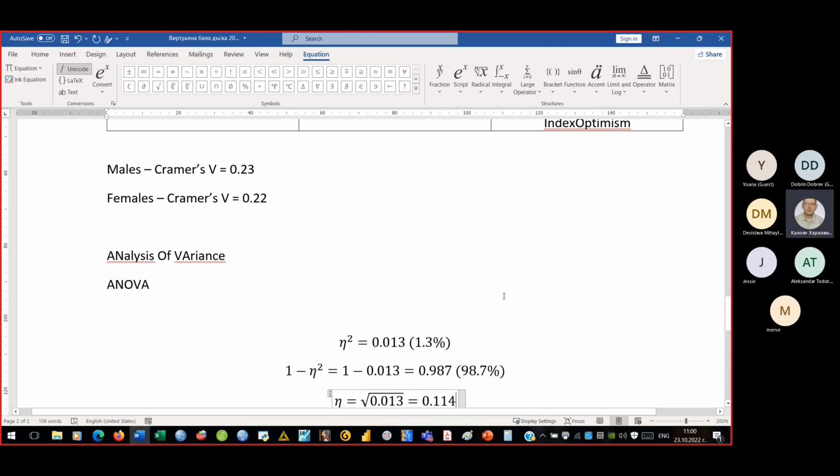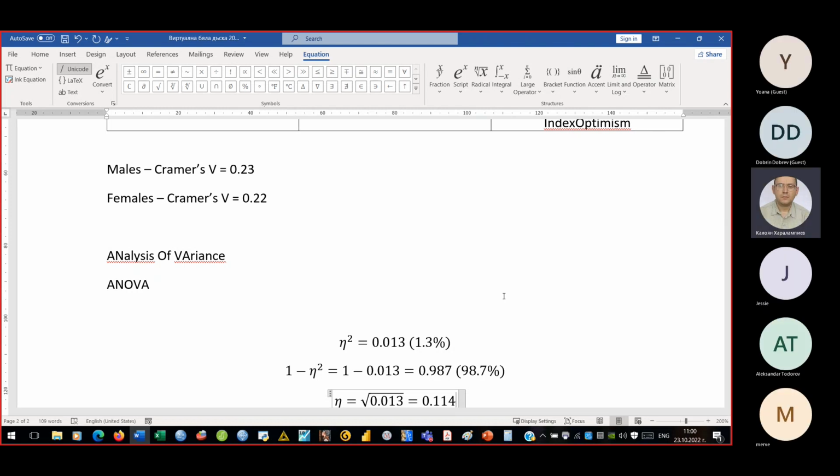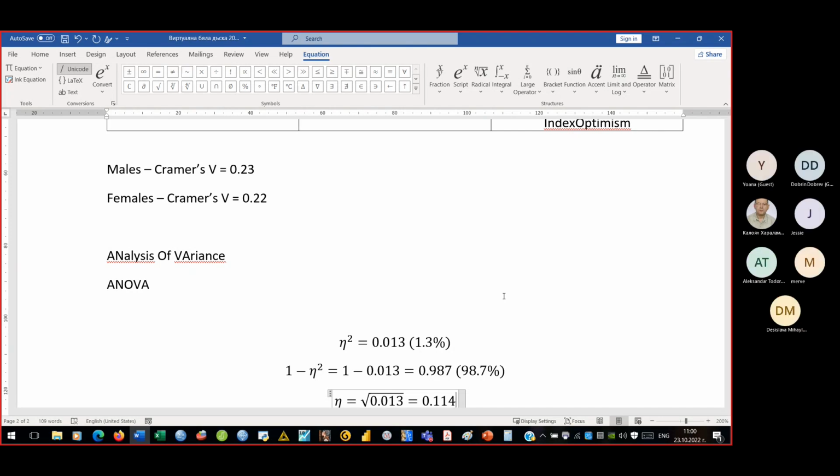Again, we can use intervals for Cramer's V. That means that if eta is between 0 and 1/3, the relation is weak, and if eta is between 1/3 and 2/3, the relation is moderate, and if eta is between 2/3 and 1, the relation is strong.